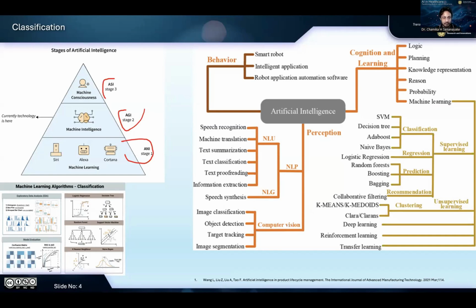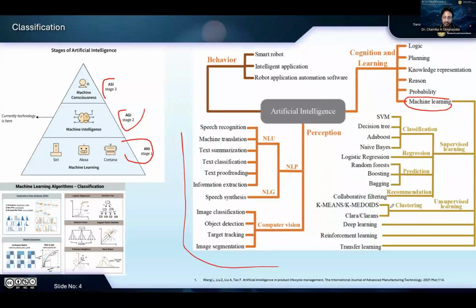As you can see, there are so many jargon terms coming in. This diagram shows an overview of how they are linked. You must have heard of machine learning, which is one branch of artificial intelligence. Then you get cognition and learning, perception, natural language processing that includes natural language understanding and generation, computer vision, behavior, clustering, so many.